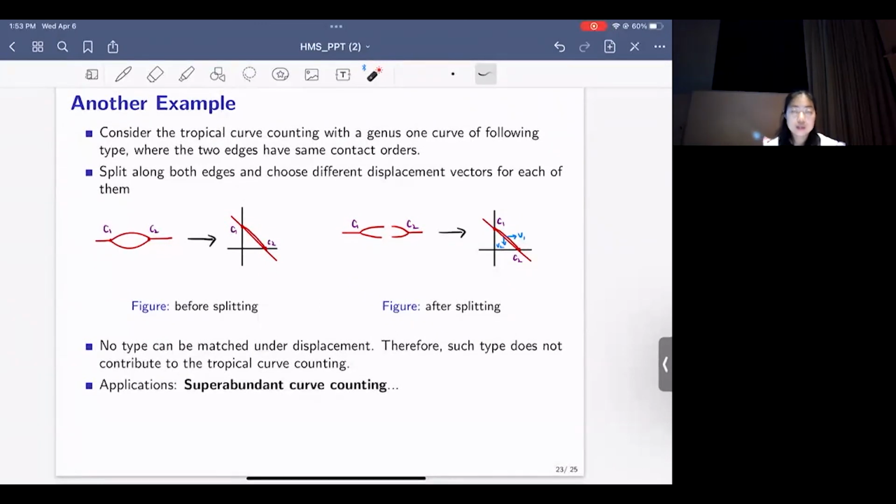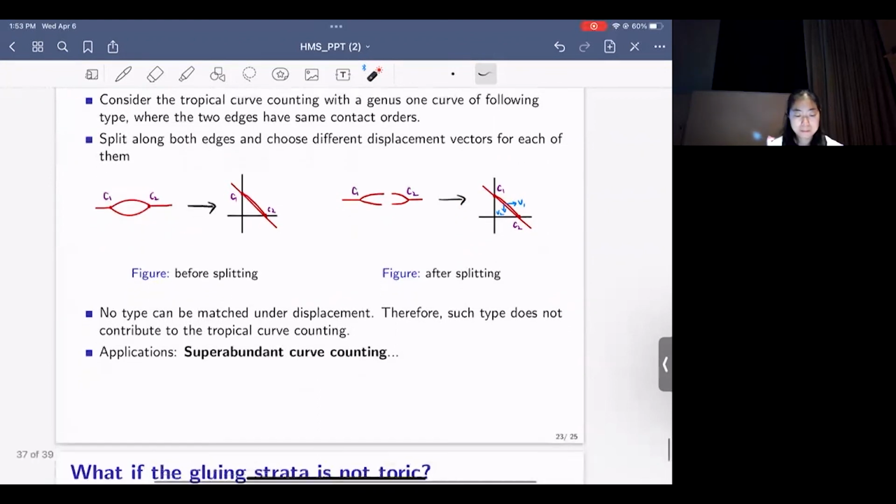So it can be read directly that such a type does not contribute to the invariants. And I think as an application, it will help us to consider higher genus tropical curve counting problems.